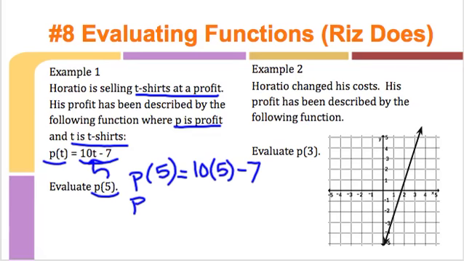So now P of 5 equals, in this case, 10 parentheses 5. Yes, we do mean multiplication. Remember, when you see a number, a coefficient right next to a variable, so something like 10t, that is multiplication.